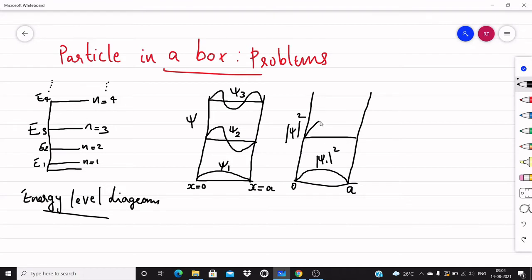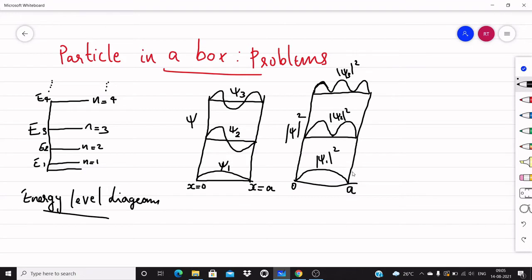So this is mod psi 2 square, and this is mod psi 3 square.